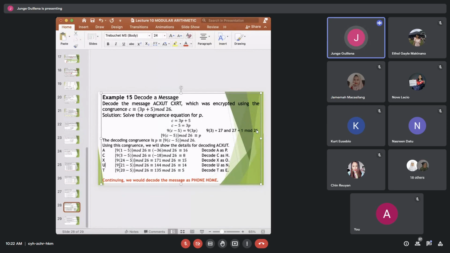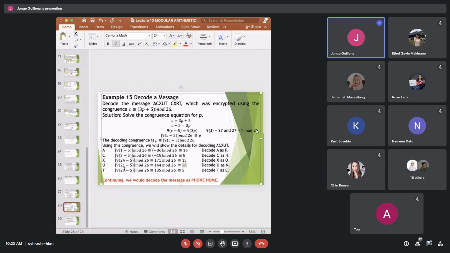Then for U, 9 times U, which has a numerical equivalent of 21. So 21 minus 5 is 16. 16 times 9 is 144. 144 divided by 26 has a remainder of 14. Then you decode U as N. Then for T, 9 times, what is the equivalent number of T?